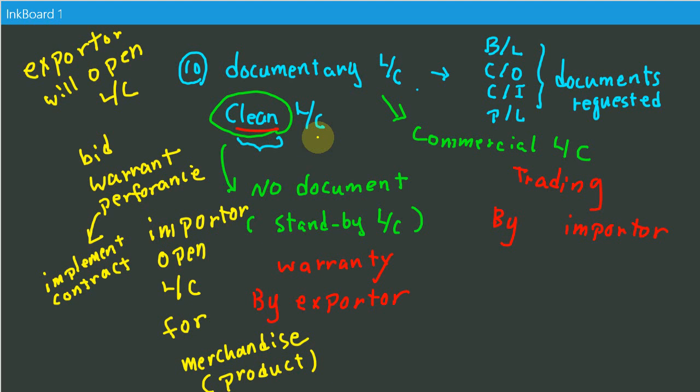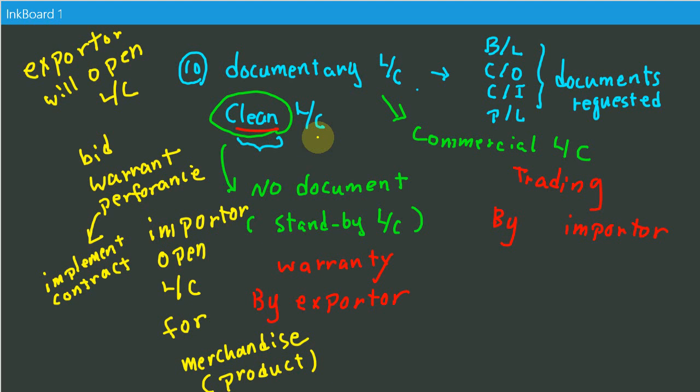So you have distinguished clean LC and documentary LC. The clean LC is usually used for warranty, performance, bidding, deposits, right? This is quite different and usually opened by export, not import as usual.